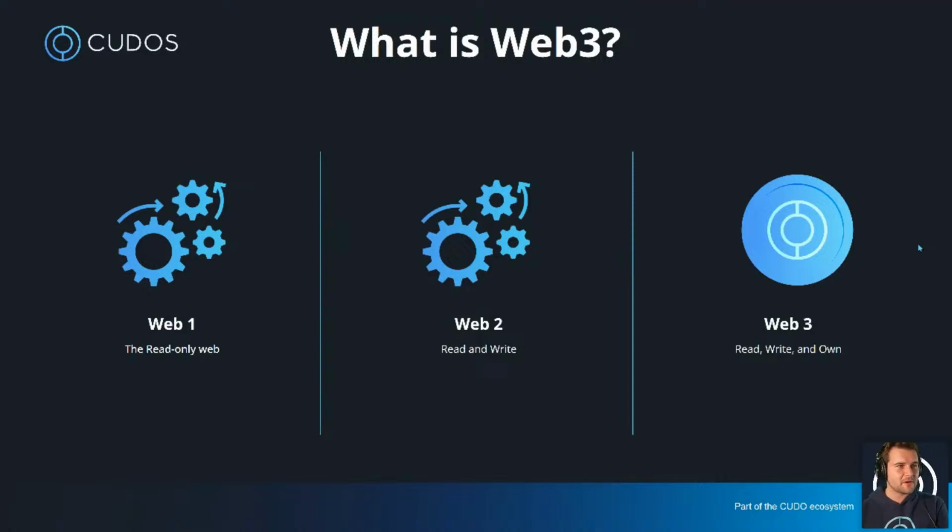Where, thanks to a lot of developments in some modern technologies over the past little while, we have now reached the ability to not only read and write, but we've also added this characteristic of ownership, digital ownership. And that happens through a lot of the platforms underneath Web 3, predominantly of which is blockchain technology, which gives us rise to this ability to distribute a database over many nodes, and every node reaches consensus on that database.